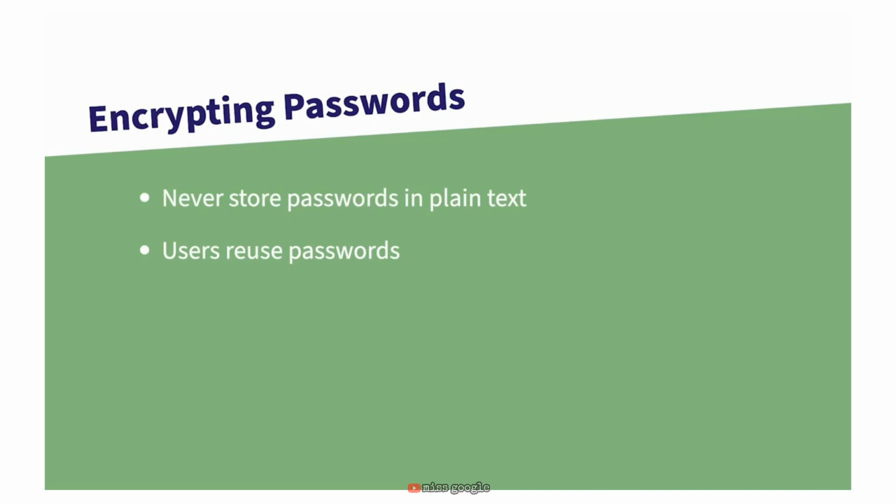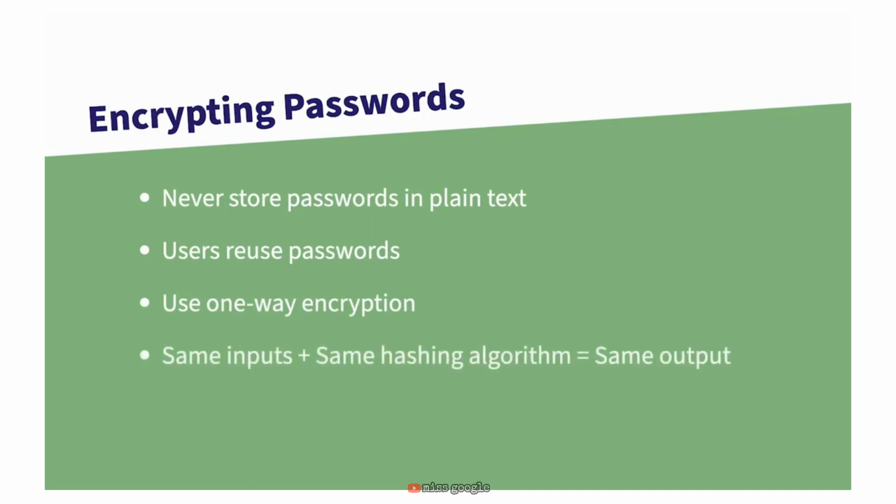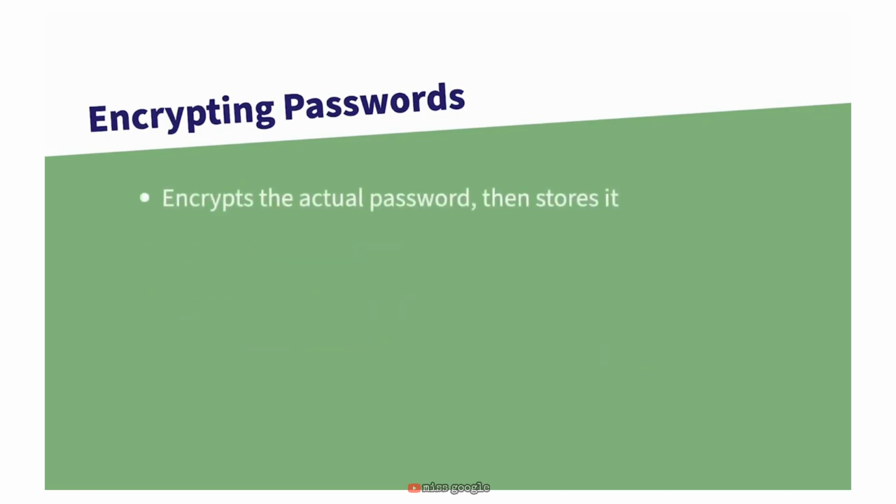Not only are we going to be encrypting them, we're going to be using one-way encryption. It won't be possible for anyone to decrypt the password and get the original string, including us. This works because of the principle that the same inputs to the same hashing or encryption algorithm will always result in the same output. It works like this. We take the password, we encrypt it, and we store the encrypted string in the database.